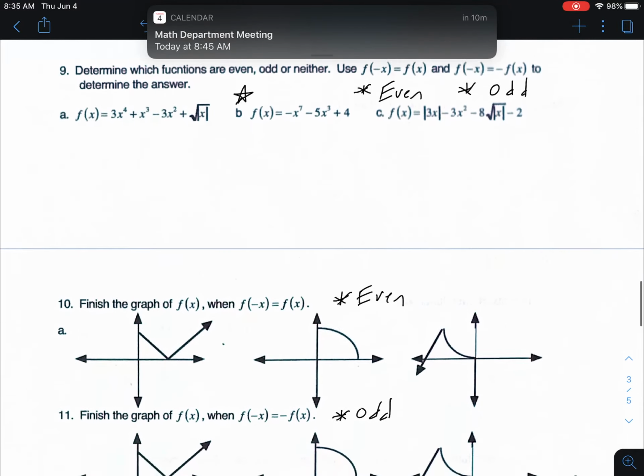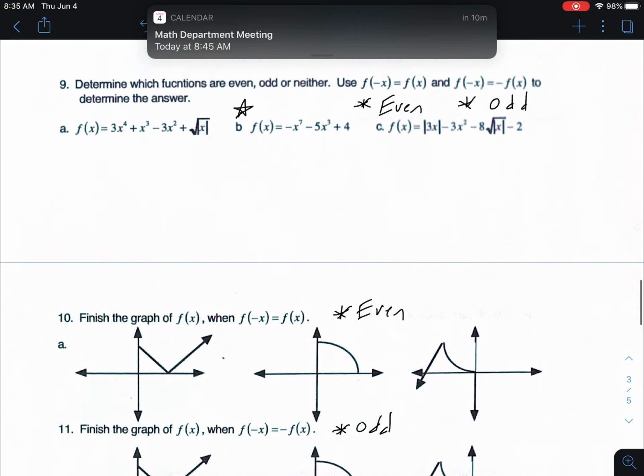And then 9b was another question here. So we're trying to determine whether these functions are even, odd, or neither. So remember, we're testing it for f of negative x, which means everywhere you have a positive x, you're going to substitute a negative x.